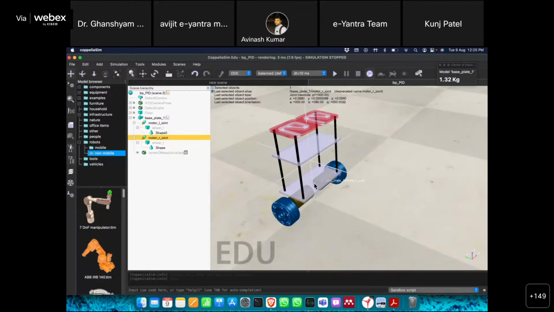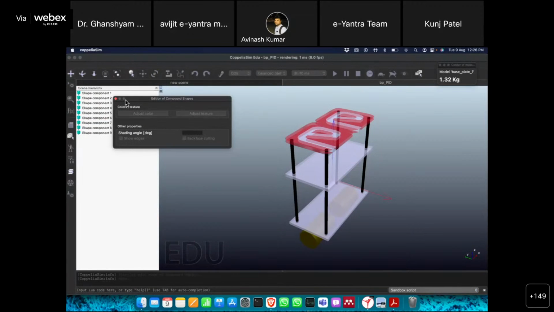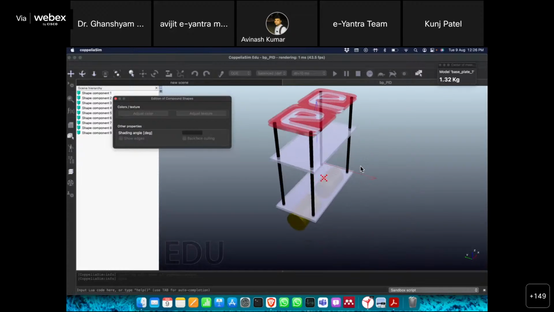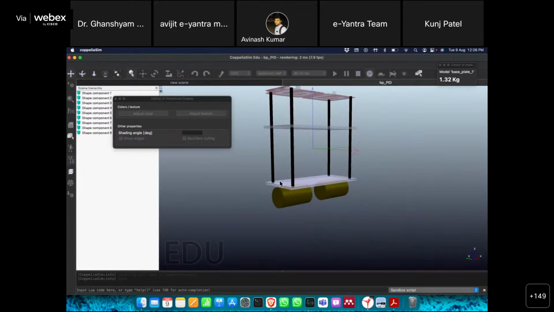But just adding these things into a scene will not result in a successful system. You need to have a hierarchy. What hierarchy means is that everything should come in a particular order. Suppose this is the basic structure. Then the motor should be placed as a child of this body.